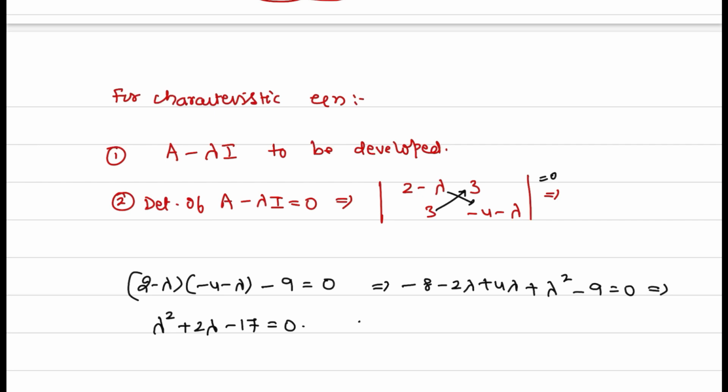Then you have two roots for lambda, and these are the eigenvalues, the eigenvalues for that particular matrix. Eigenvalues, as I told you, have a lot of applications in quantum mechanics, vibrations and structural analysis, computer science, data analysis.